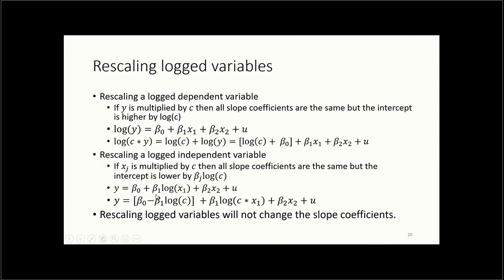So this term here, we would need to subtract so that we have basically the same equation. Again, this affected the intercept, but did not affect any of the coefficients in the regression. So the conclusion is that rescaling logged variables, whether dependent or independent, will not change the slope coefficients.